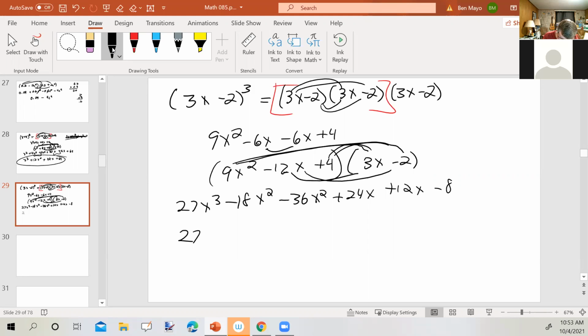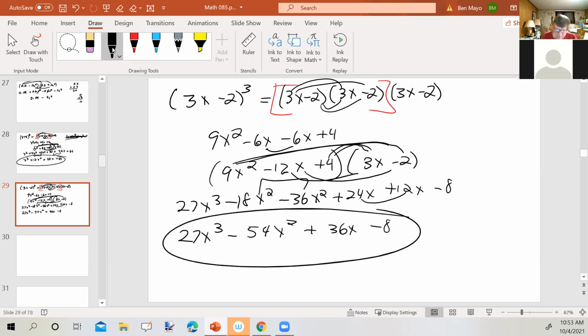Combining like terms, 27x cubed minus 54x squared plus 36x minus 8. All right.